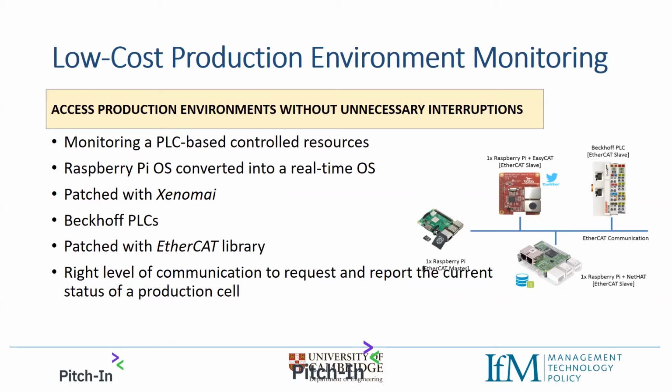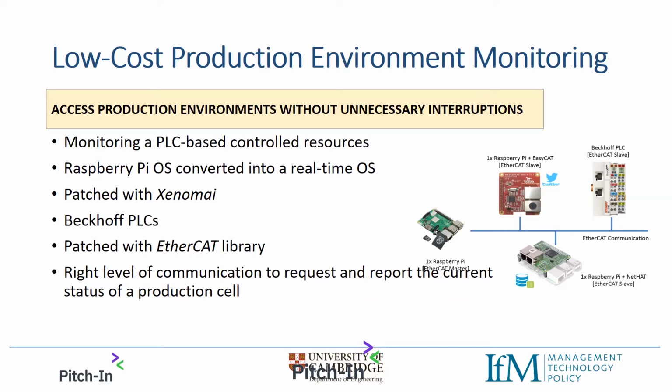To demonstrate that, we use Raspberry Pis, which were added with Raspberry Pi hats that made the hardware infrastructure connection to, in this case, an EtherCAT network. We have also patched these Raspberry Pis with off-the-shelf libraries that make the operating system real-time.